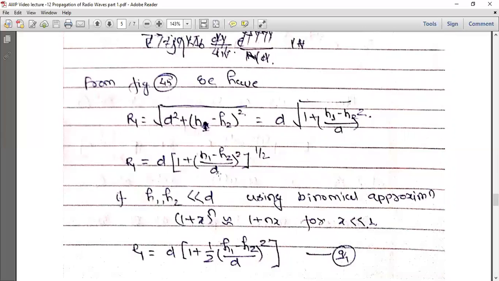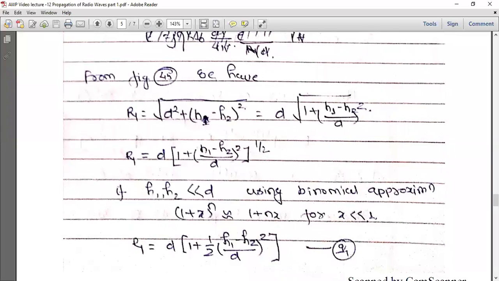Since d is very, very large, we consider d to be in kilometers many of the times, but h are generally in some meters. So h1 minus h2, or ht minus hr, divided by d will be very, very small as compared to 1. So this expression, 1 plus some very small quantity to the power 1 by 2, can be approximated by the binomial approximation, which gives 1 plus x to the power n approximately equal to 1 plus nx. Substituting this, we keep this power 1 by 2 here. The expression looks like this, equation 94.